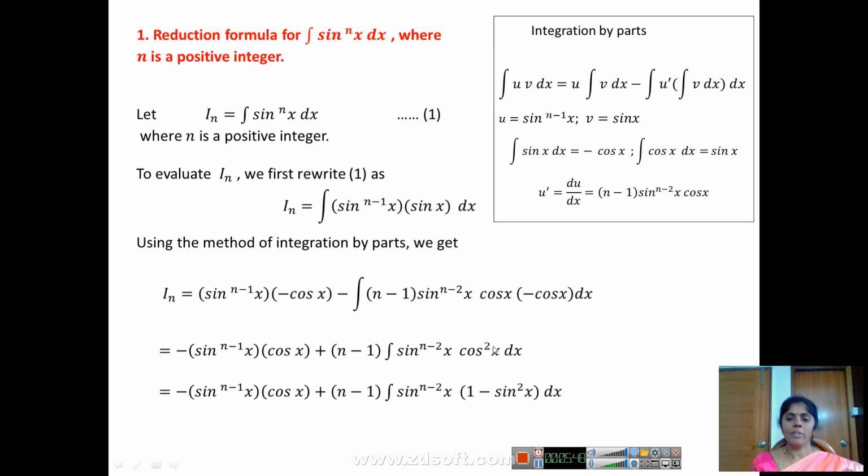Here we can use the identity cos square x plus sine square x equals 1. So cos square x can be written as 1 minus sine square of x.